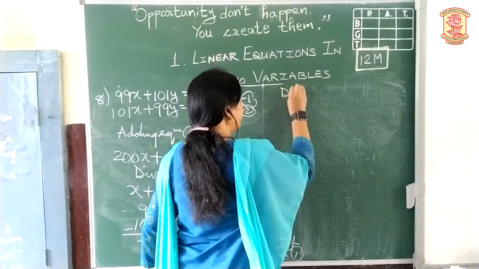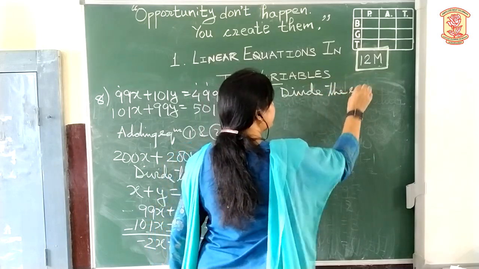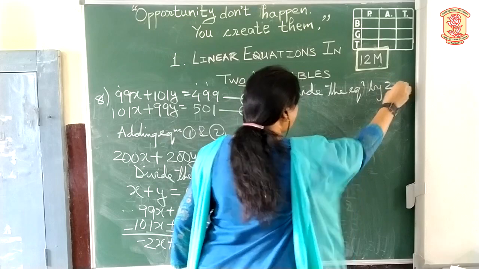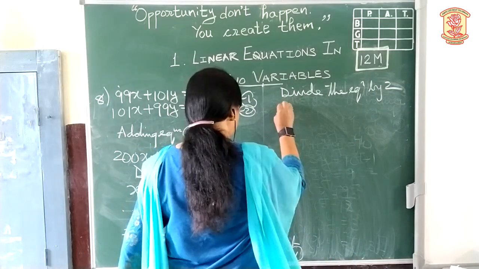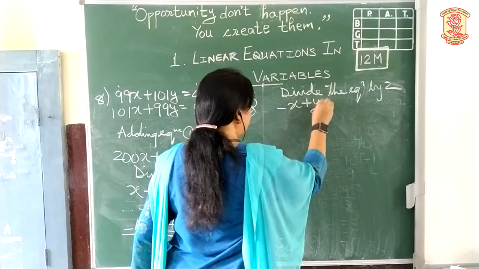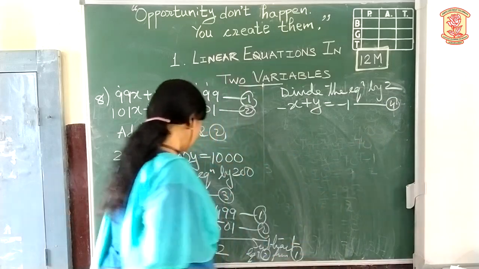Divide the equation by 2. Why are we dividing the equation by 2? To make it simpler. So this comes out to be minus x plus y equals minus 1. This is going to be the fourth equation.